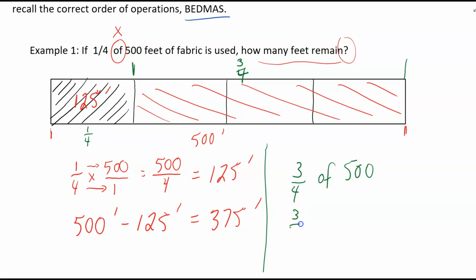That means 3/4 multiplied by 500 over 1. And 3 times 500 is 1500. And 4 times 1 is 4, and 1500 divided by 4 is equal to 375. So that's another way you could also work it out.